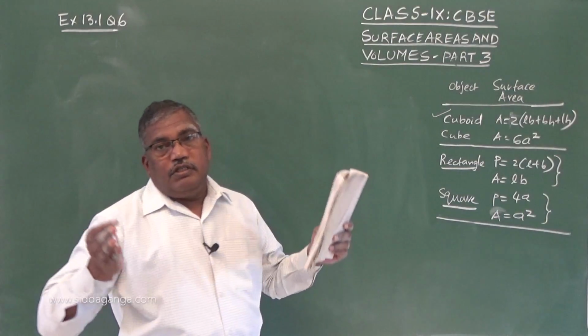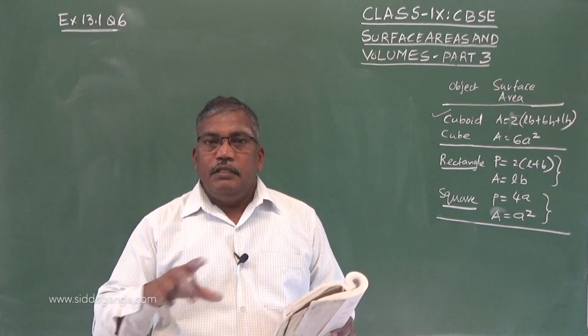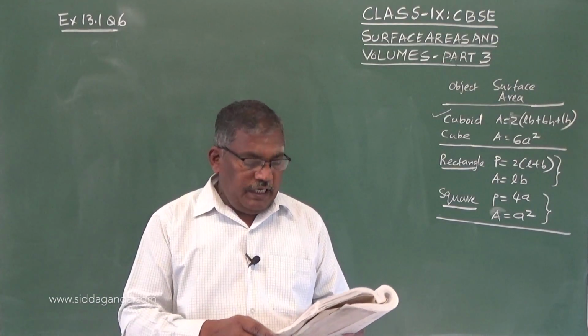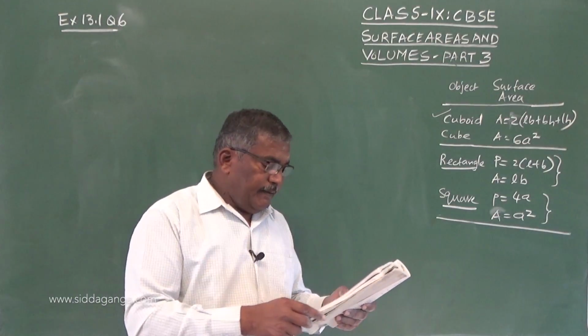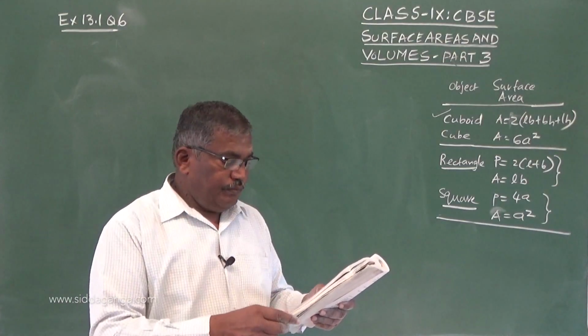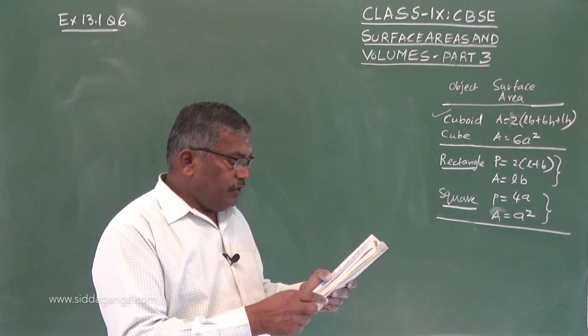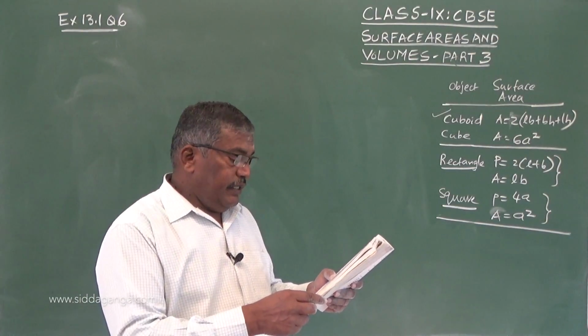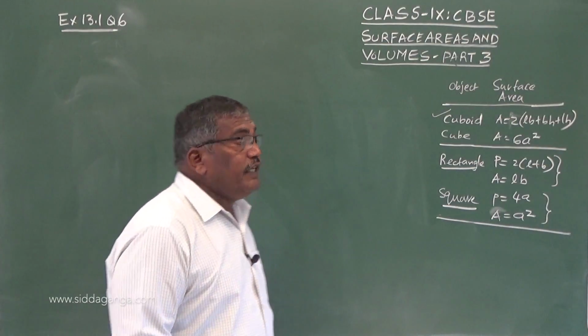So 6 glasses of appropriate size are taken. They are arranged in such a way that it forms the cuboidal greenhouse. It is 30 centimeter long, 25 centimeter wide and 25 centimeter high. What is the area of the glass?